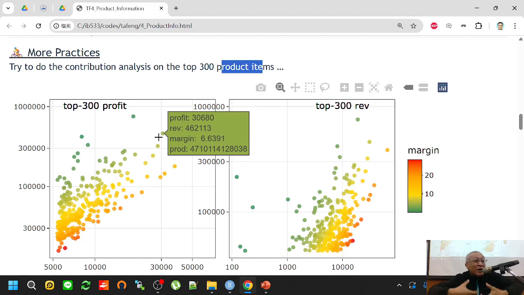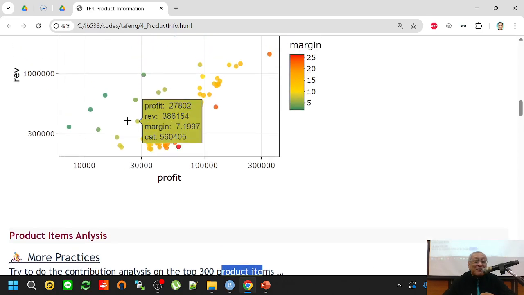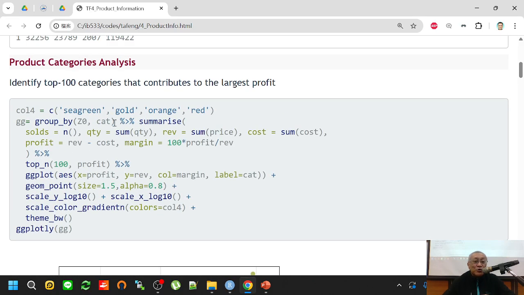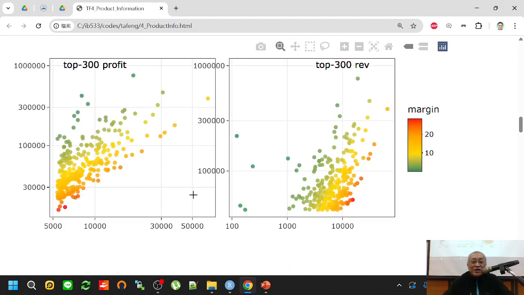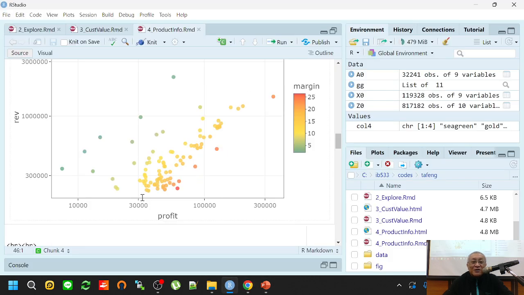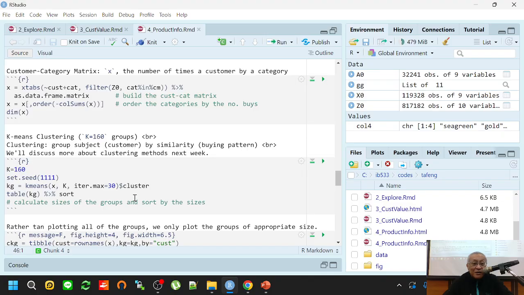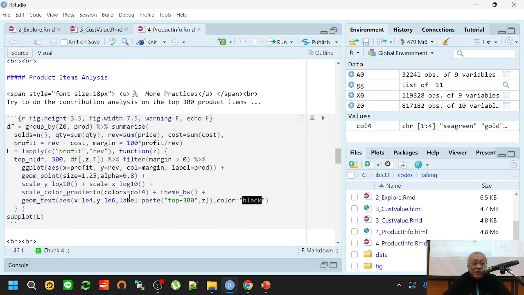So when you want to pick up the focus of some product category or some product item, you can use this way, right? You use this group by summary scheme to summarize by category, or in this case, you summarize by product.